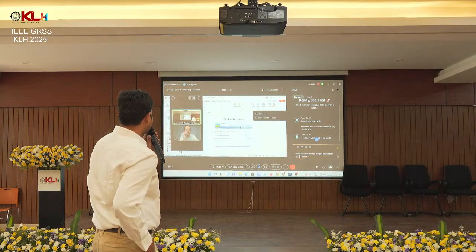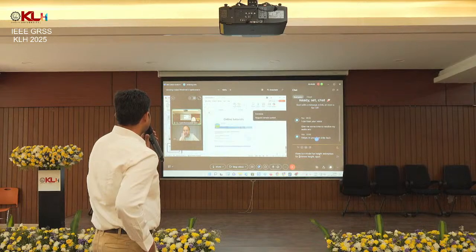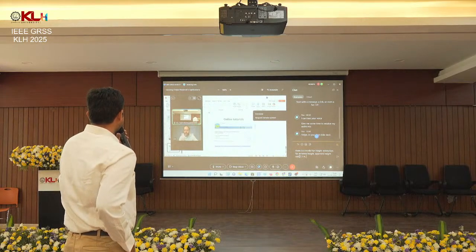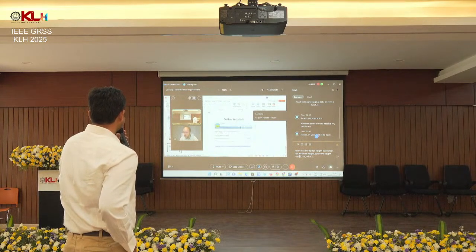Through the model, it was coming 2.1 meters. So, is there any variable parameter in that one? What was the variable parameter?